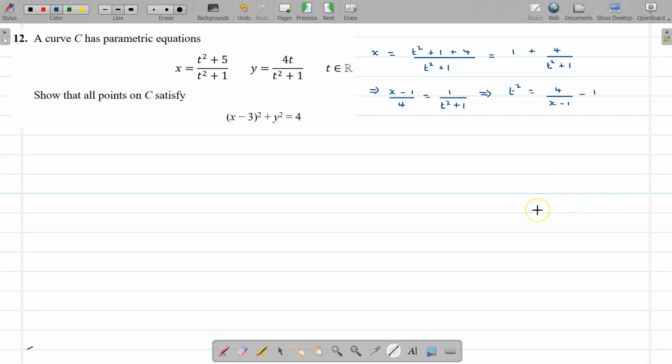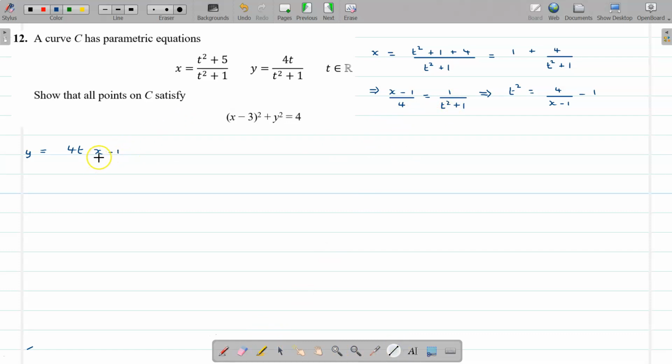Okay, so my next thing was to move over to y and look at what I've got for y. Y is 4t over t squared plus 1. So I'll do that from here. So y is 4t, and instead of writing 4t over t squared plus 1, I can write 4t times x minus 1 over 4, because that is equivalent to 1 over t squared plus 1, you see.